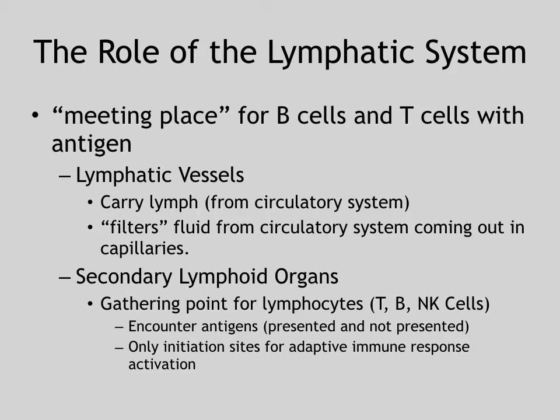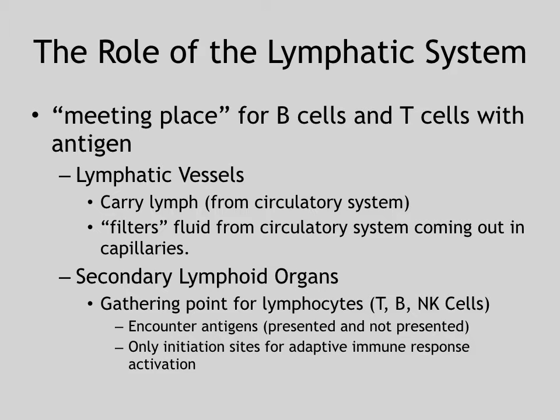So the antigen presenting cell has to go to a T cell, but the antigen itself in lymph will be met up by its specific B cell, who will phagocytize it and then present to the T cell. So the T cell gets two forms of presentation. It gets presentation from a macrophage or dendritic cell, and it will then go and look for a B cell that's presenting the same antigen.